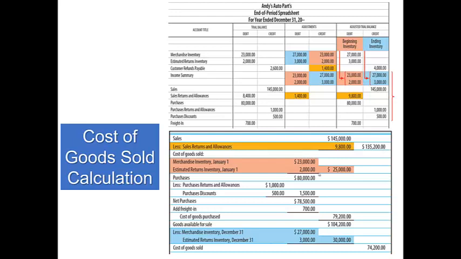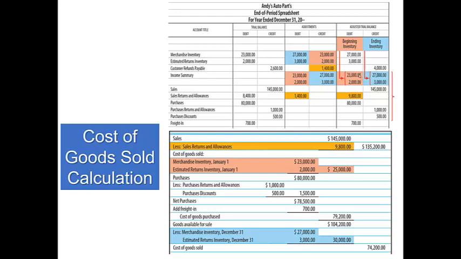That calculation starts with beginning inventory. So I will come up to my income summary account under the adjusted trial balance to find the beginning inventory. So the difference here and the cost of goods sold that we've calculated before is that we have two inventory figures.